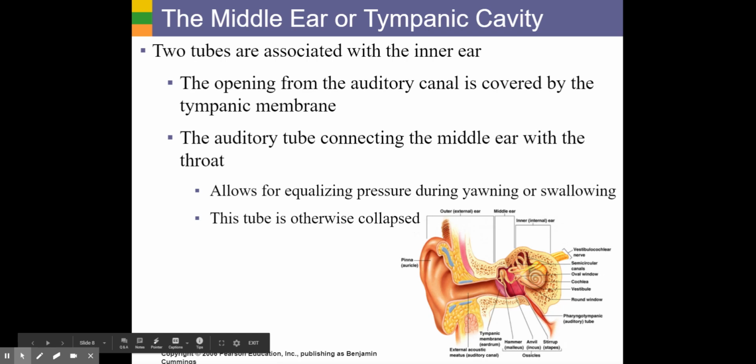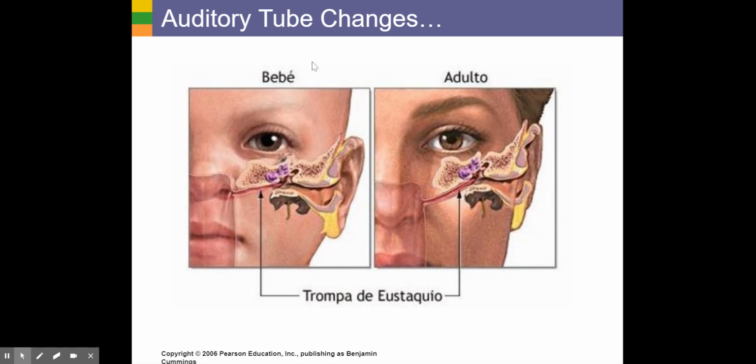If you've ever had a throat infection, say strep throat or any kind of bacterial infection in the throat, and then after you got over that, you ended up with an inner ear infection, it's because that tube is connected. So the bacteria made its way up the tube and into the ear, and then caused some issues there.